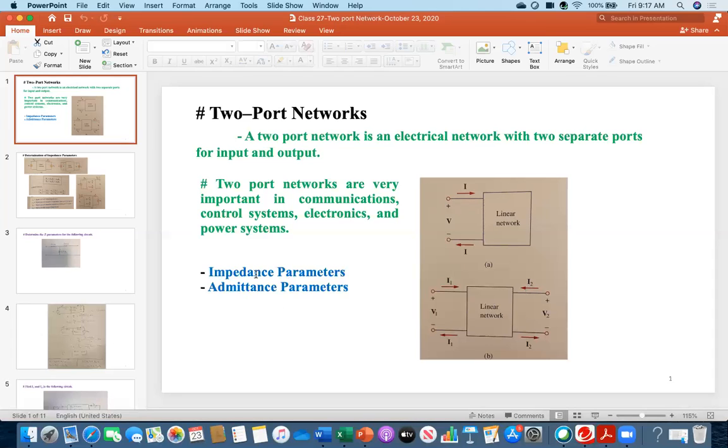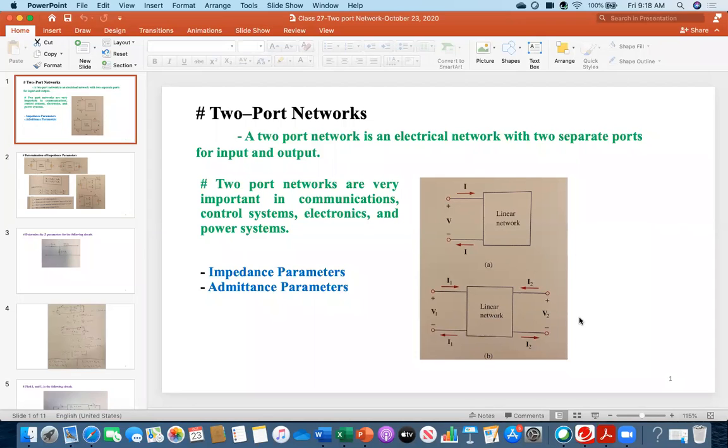Impedance is applicable in the case of a series circuit and admittance is applicable in the case of a parallel circuit. Therefore, definitely here in the linear network there are impedances or admittances. If it is a parallel network, we will concentrate on admittance. If it is series, then we will use impedance. So now the question, and the most important thing for this chapter, is how we can determine the impedance or admittance parameters for this type of two-port network.